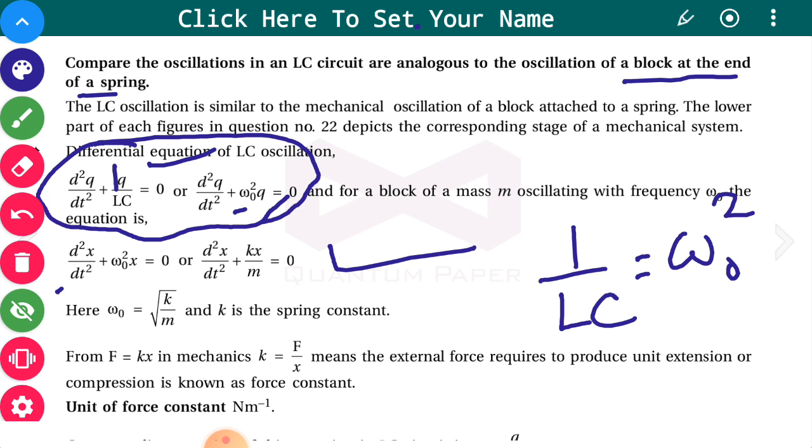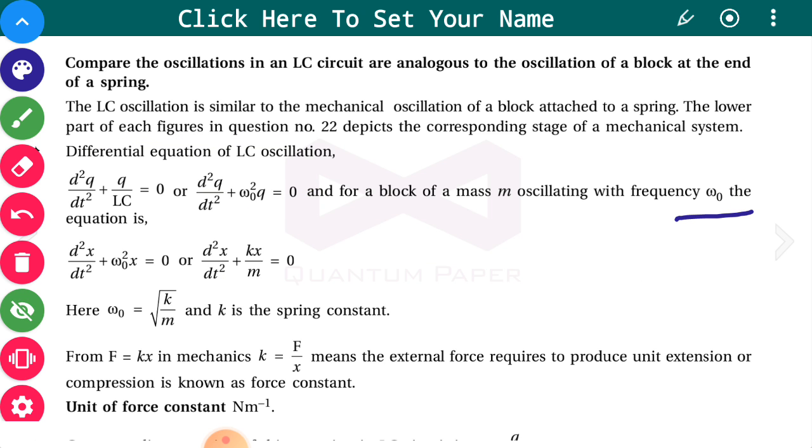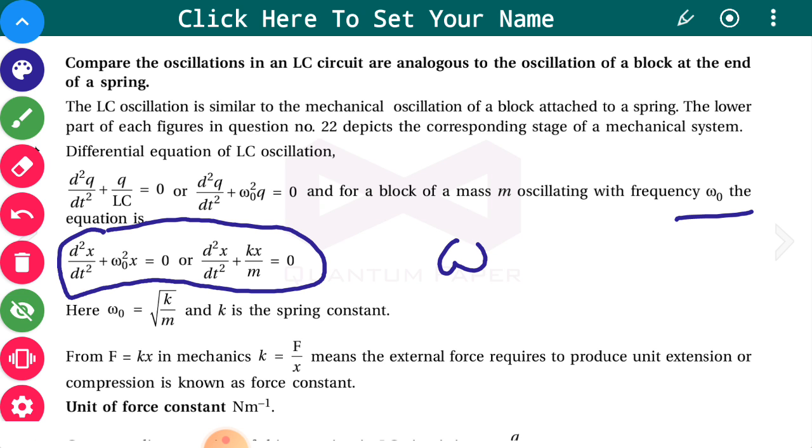This is the same equation as we have derived for the block of mass m, which is oscillating with the frequency omega 0, kept at the free end of the spring. Then it gives the equation d2x by dt2 plus omega 0 square x is equal to 0, and omega 0 square there we have written as k upon m, where k is the force constant and m is the mass of the block.